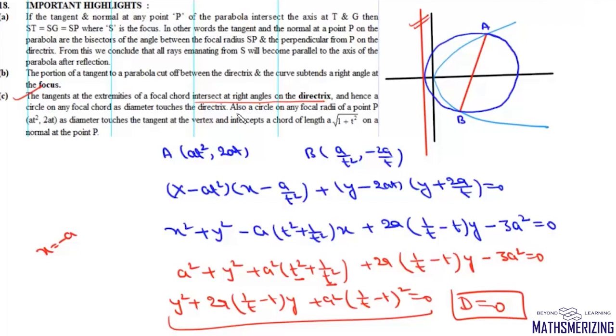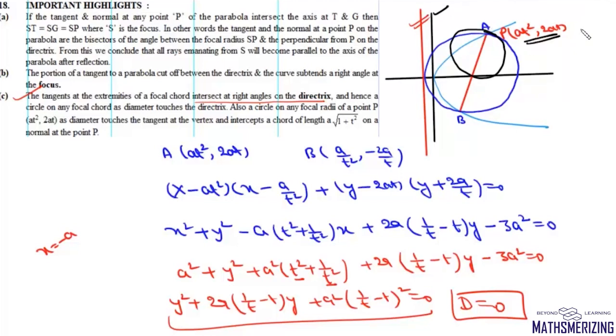Now we'll also need to prove that a circle on any focal radius of point P touches the tangent at the vertex. So suppose we take a point P, let this point be P now, (at square, 2at). If we draw a circle on this focal radius, we need to show that this circle touches the tangent at vertex, which is the y-axis.